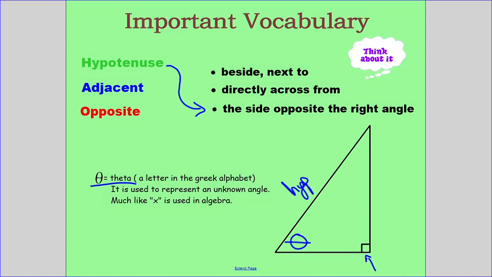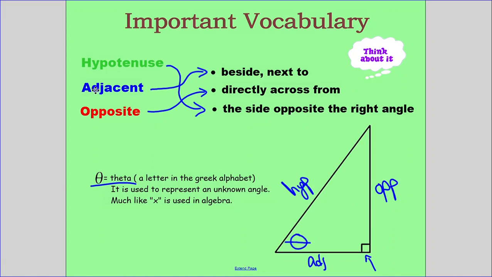The beside or next to part is adjacent, so we normally just put ADJ for adjacent, and then the opposite side would be directly across from. Now, in all of these cases, this is from the reference angle. So here my reference angle, my theta, is down in the bottom left-hand corner, and so directly across from would be the opposite, and the longest line is the hypotenuse, and then the adjacent is the beside or the next to the angle, next to the reference angle.